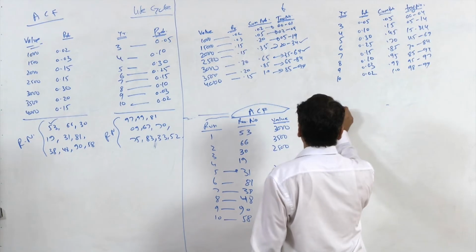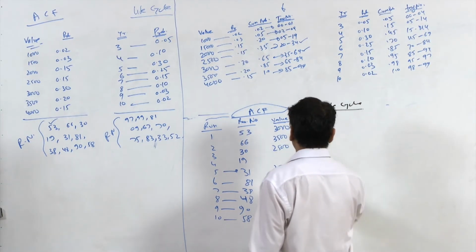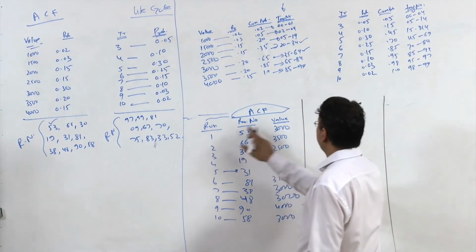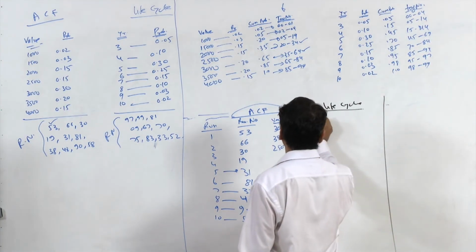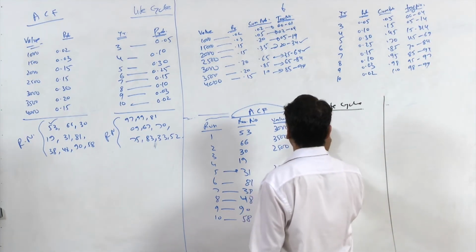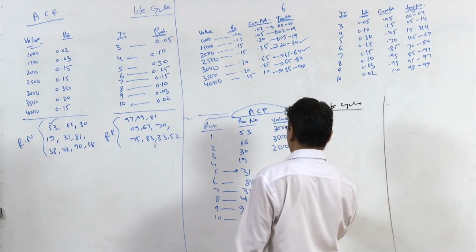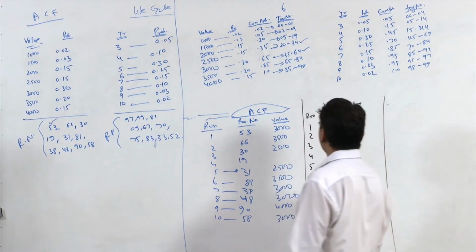Life cycle. So first the run number. You have got 1, 2, 3, 4, 5, 6, 7, 8, 9 and 10.